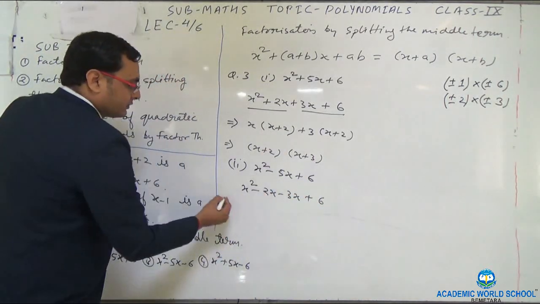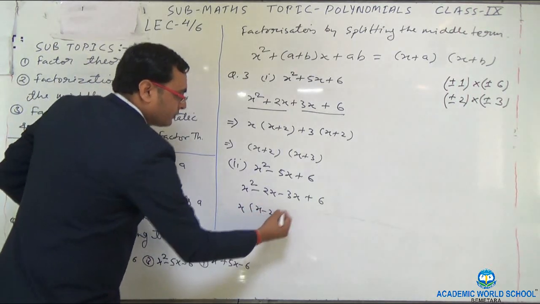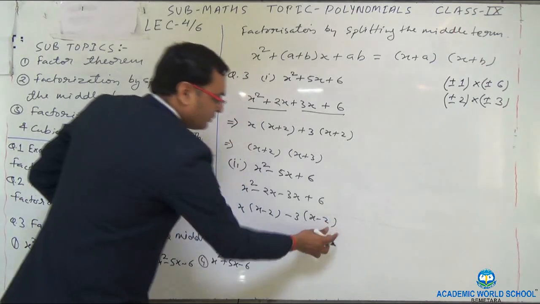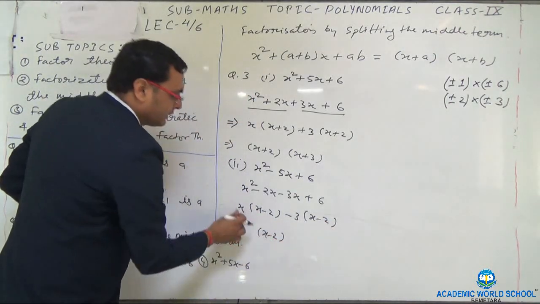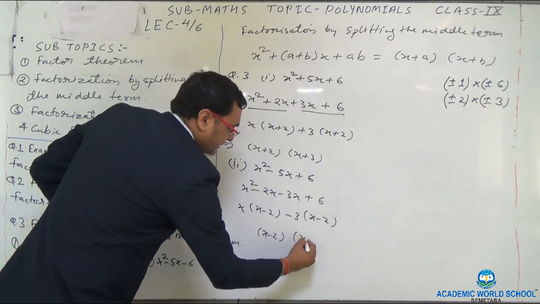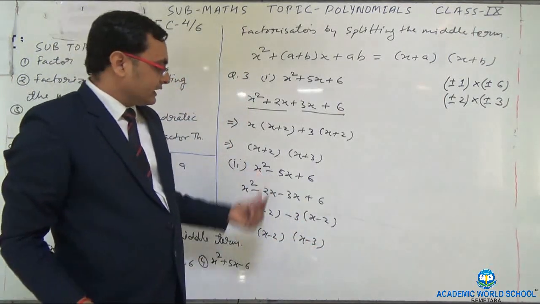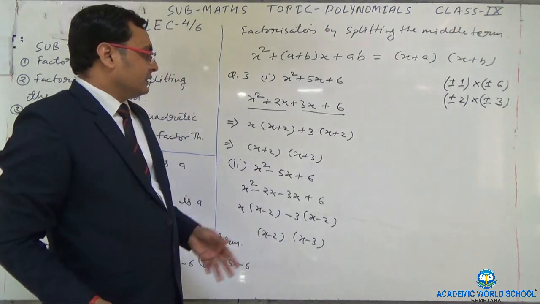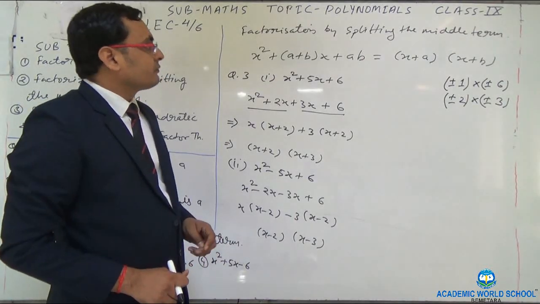So, take out x common. We are left with x minus 2. Minus 3 is taken common. We are left with x minus 2. x minus 2, take out common. We are left with x minus 3. So, these are the two factors of this quadratic polynomial, x minus 2 and x minus 3. We got this by the process of splitting the middle term.